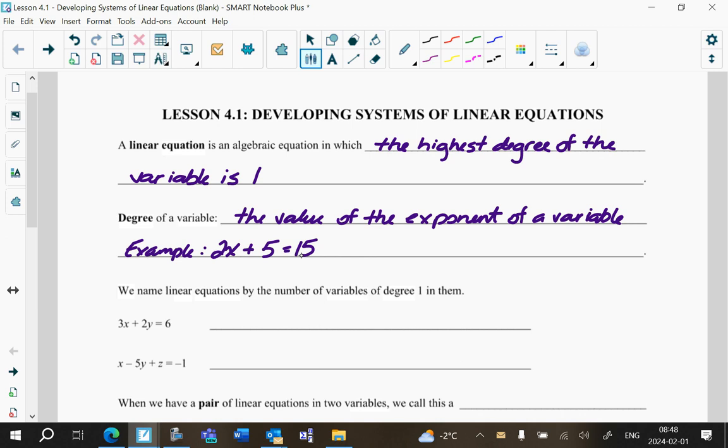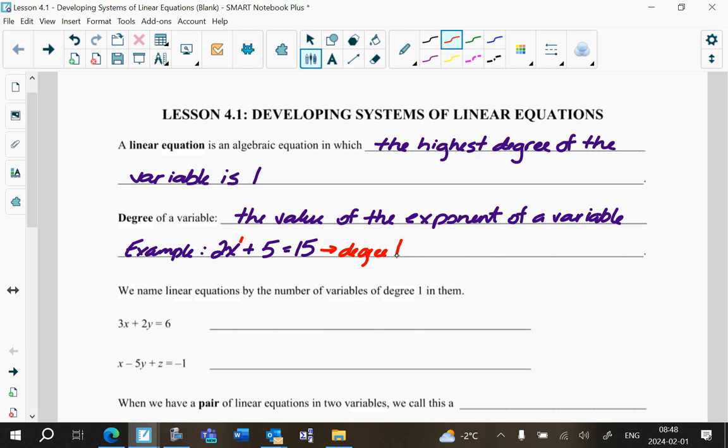Focus on the variable. What's the value of the exponent of that variable? Well, when we don't write an exponent, what number do we always assume it is? 1. So technically, 2x is the same as 2x to the first. So we would call this degree 1, or a first degree variable.